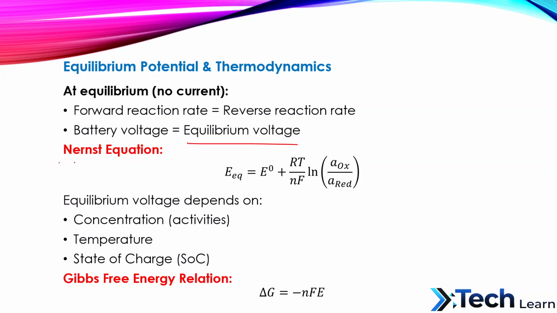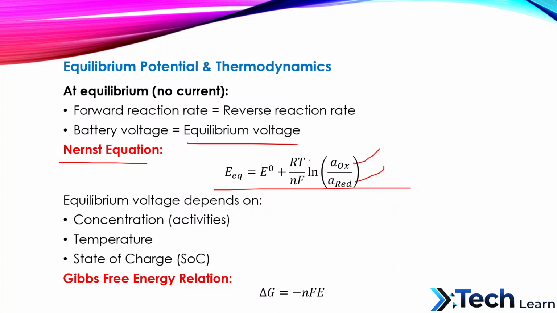The Nernst equation here tells us the equilibrium voltage depends on the ratio of the activities or concentrations of oxidized and reduced species. Since the concentrations change during charging and discharging, the equilibrium voltage depends on the state of charge.